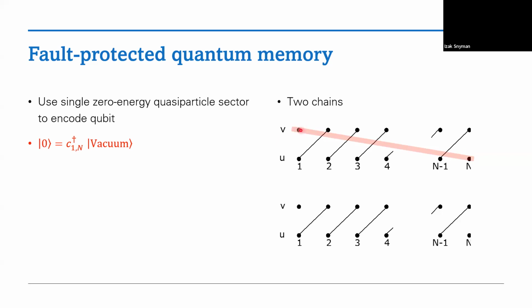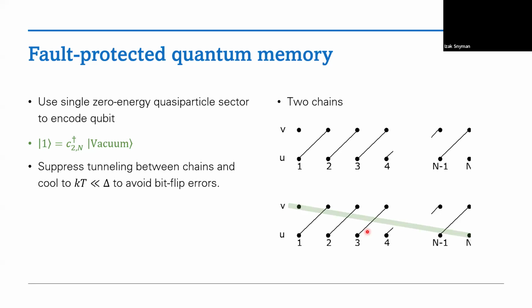If I put this quasiparticle in the zero energy orbital of the upper chain, we'll have the zero state of the qubit. And we'll call the one state the one where we put it in the zero energy orbital of the lower chain. So why do you want to do that? Well, you can protect against classical errors in the conventional Majorana way. Just make sure that you control tunneling between the two chains, which is not too difficult.